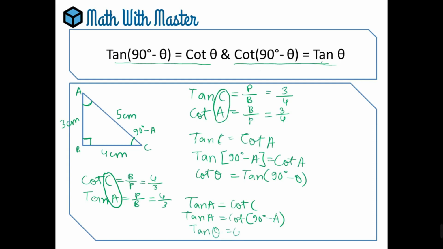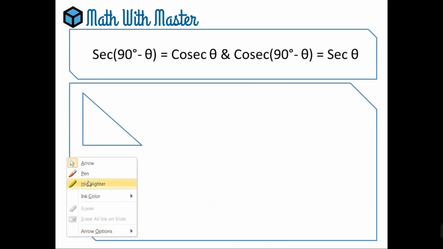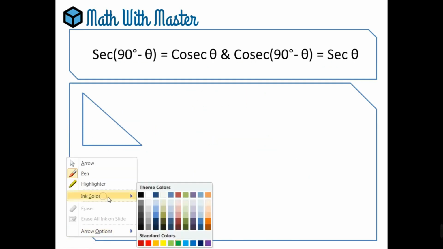So tan theta is equal to cot(90 degrees minus theta). So these are the two formulas we have derived from here. Now the last two formulas are of sec and cosec.